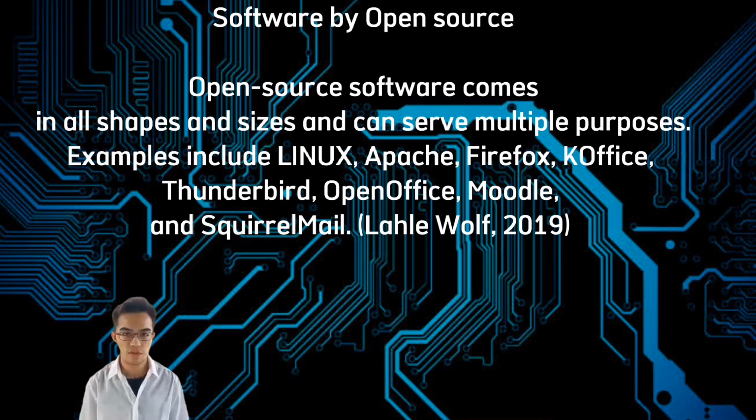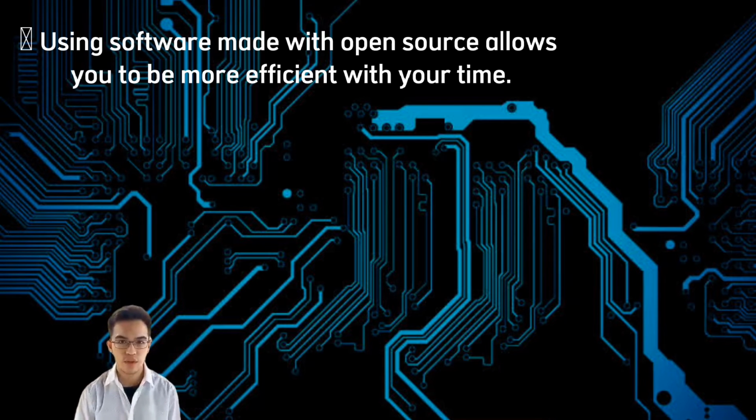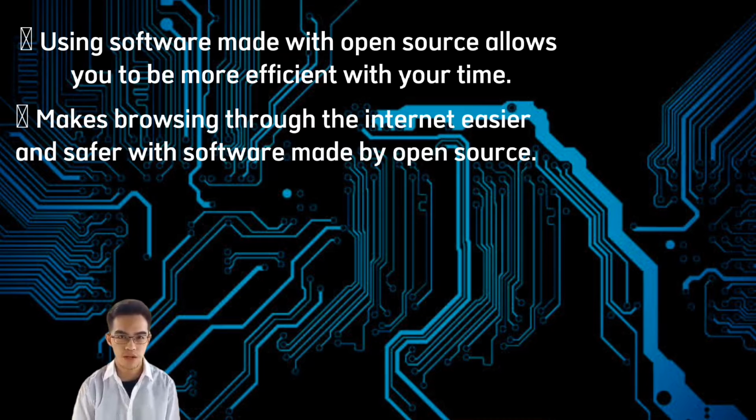Next will be our review of related literature. Software by open source. Open source software comes in all shapes and sizes and can serve multiple purposes. Examples include Linux, Apache, Firefox, KOffice, Thunderbird, OpenOffice, Moodle, and Squirrelmail, by Lal 2019. Thus, using software made with open source allows you to be more efficient with your time.